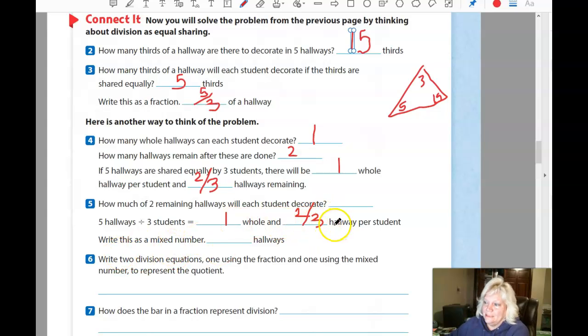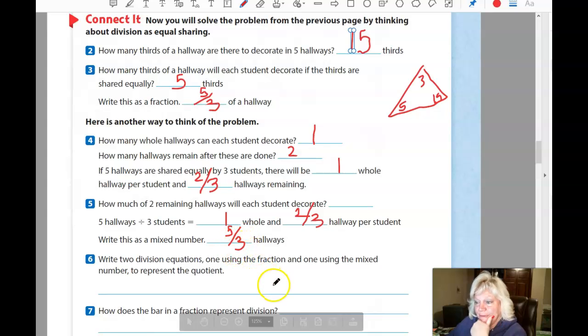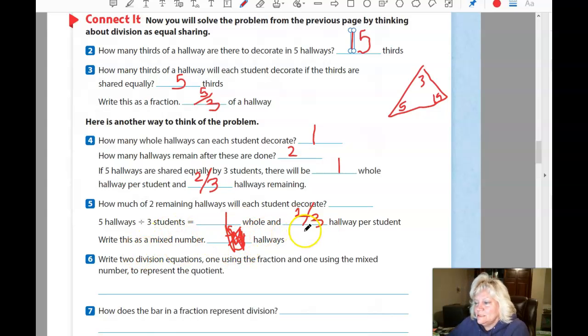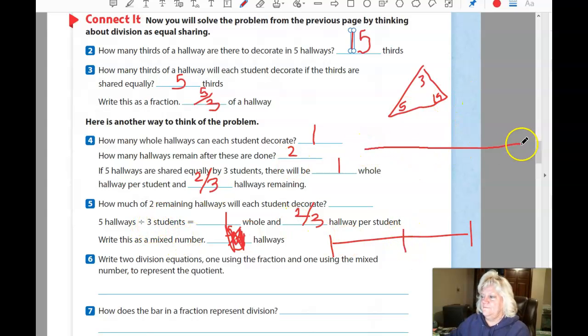Well, okay, so they're saying don't write it like this yet. And then write this as a mixed number, 5 thirds. No, that's improper. Forget what I'm doing. They would have 2 hallways left over. I probably got you confused now.